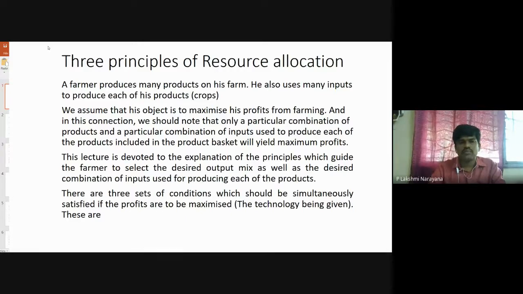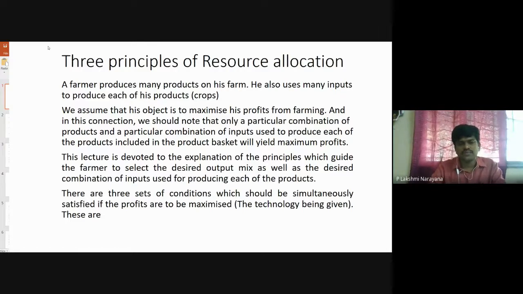If a farmer produces many products on his farm, he also uses many inputs to produce each of his products. What is his product? Crop, either paddy, wheat, or some other crop.